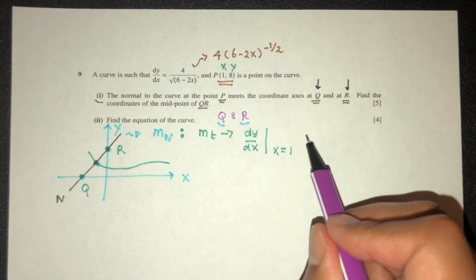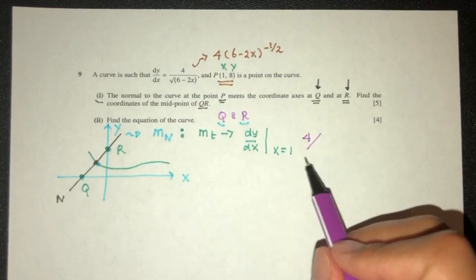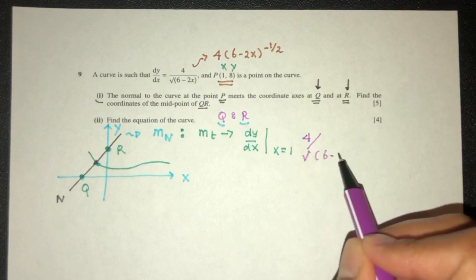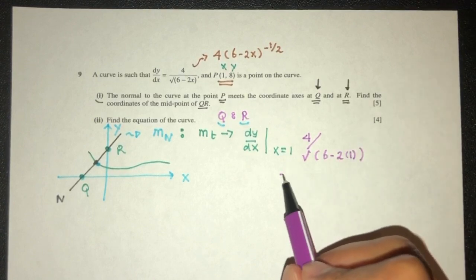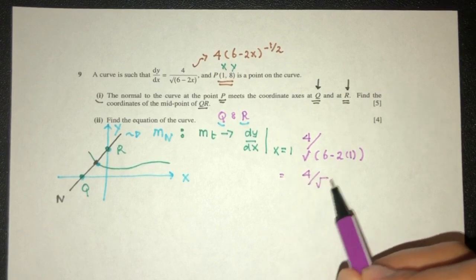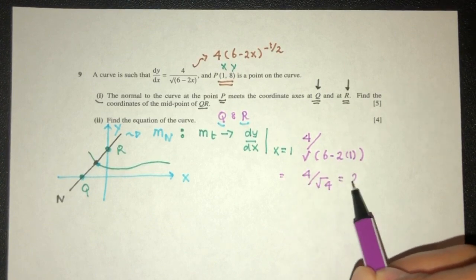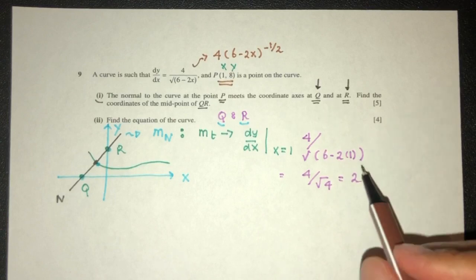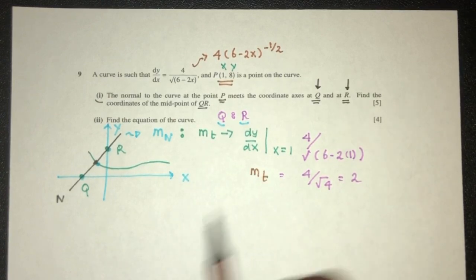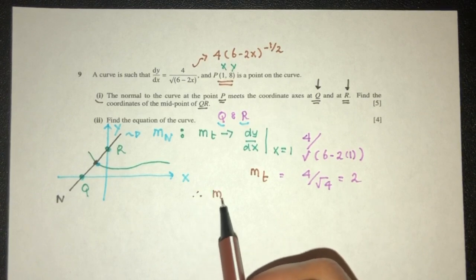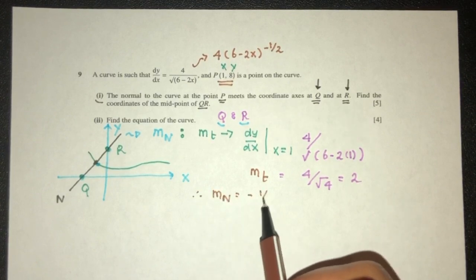You will have 4 over root of 6 minus 2 times 1. That should be 4 over root of 4, which is 2. This is the gradient of the tangent, which means the gradient of the normal can be derived. That should be minus half.